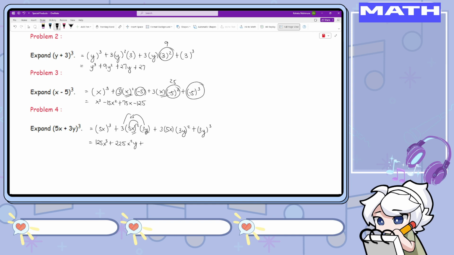Next, we square 3, which is 9. 9 times 3 is 27. 27 times 5 is 135. Oh yeah, it's 135. 135xy squared. We have x here, we have the square of y. And then we cube the last term. 3 times 3 times 3 is 27, and then y cubed.